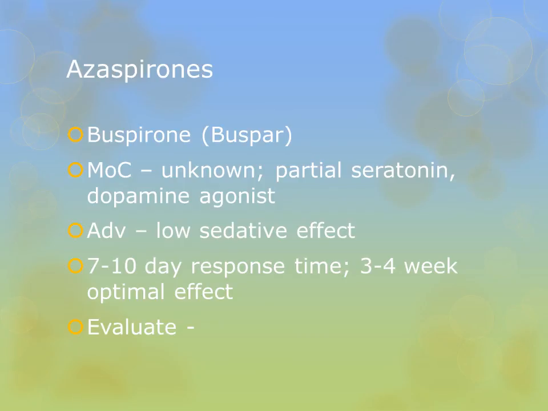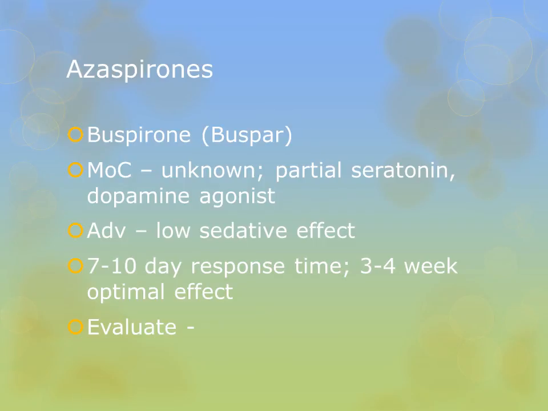Serious side effects of BuSpar or buspirone are slurred speech, dizziness, and sedation, typically related to excessive dosing. So if we're seeing these side effects, it's probably because the dose is too big and it needs to be backed off.